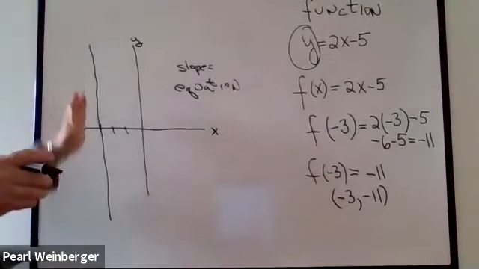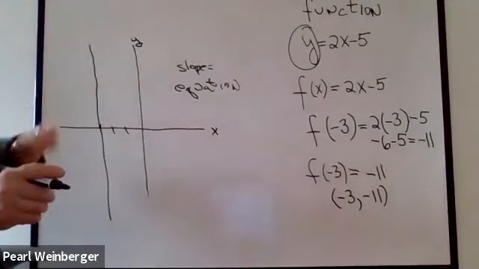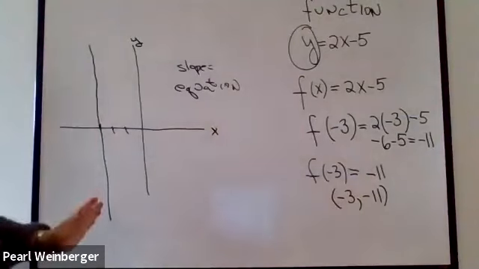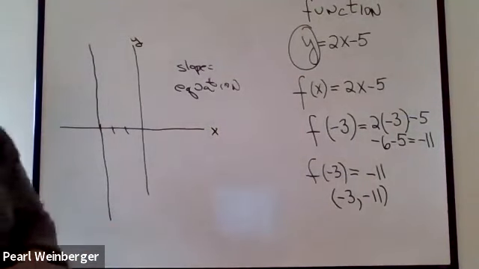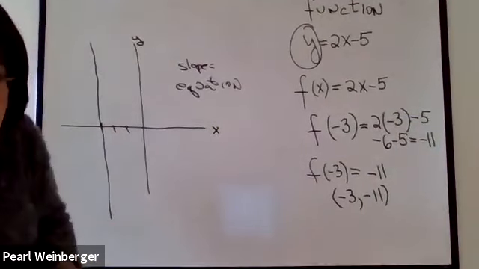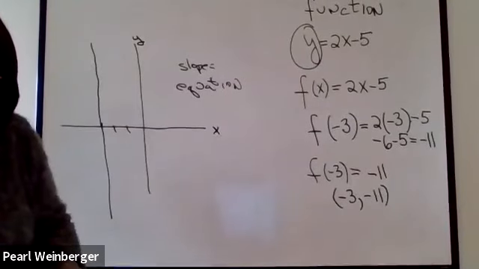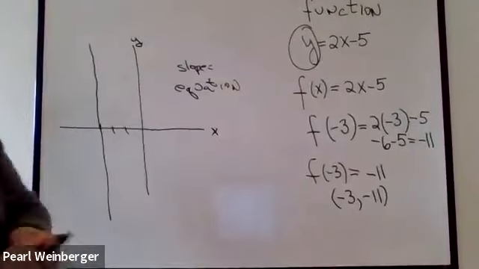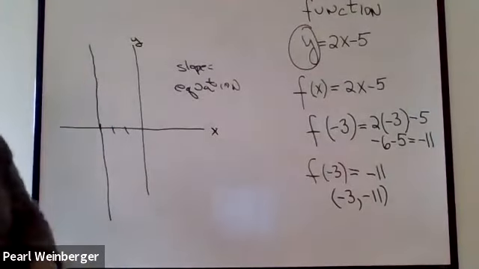Okay, we're talking about a vertical line. Now, a vertical line is one that goes straight up and down. Who wants to tell me what they think a vertical line is? What kind of slope does a vertical line have? Undefined. Right.